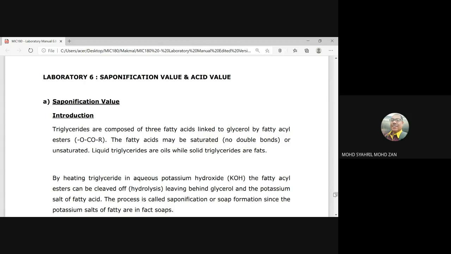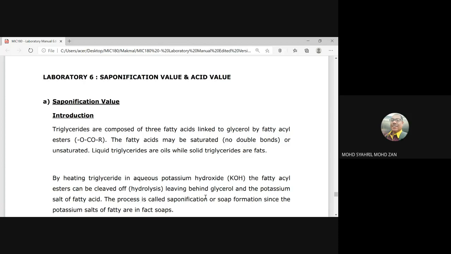By heating the triglyceride or fats in aqueous potassium hydroxide, or KOH, the fatty acyl ester can be cleaved off. How do we cleave it off? Through the process we call hydrolysis, which leaves behind glycerol and potassium salts of fatty acids. The process here is what we call saponification, in other words, soap formation.